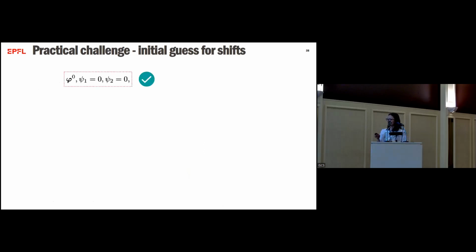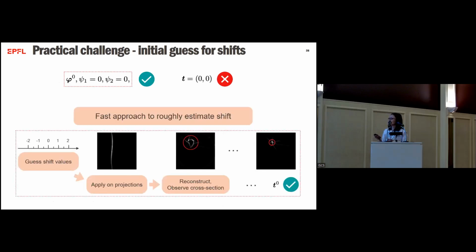We found out that for the angles, when we use a zero guess, it works fine. The algorithm is okay. But when we use a zero guess for the shifts, it doesn't work anymore, which means we need to have some pre-estimation of the shifts. After trying deeper methods, we found out that the following heuristic method is fast and the most effective.